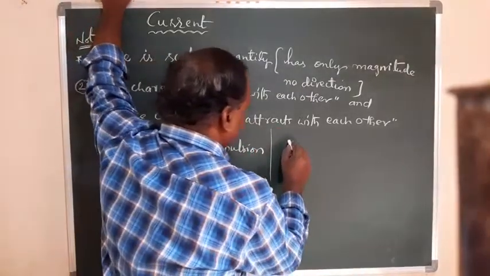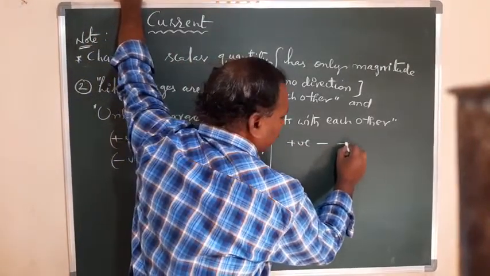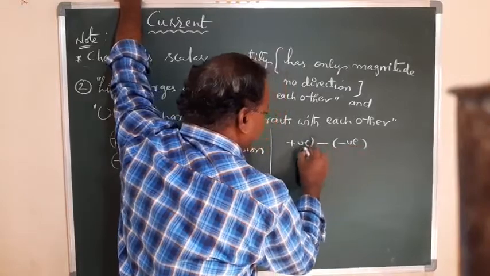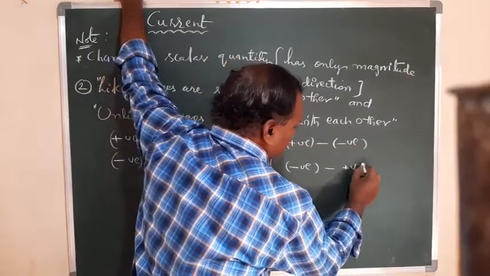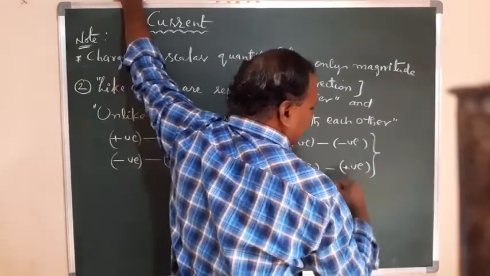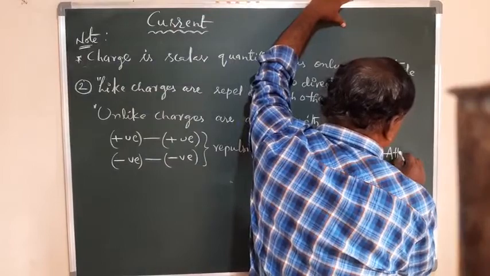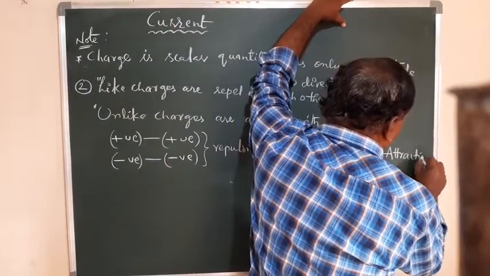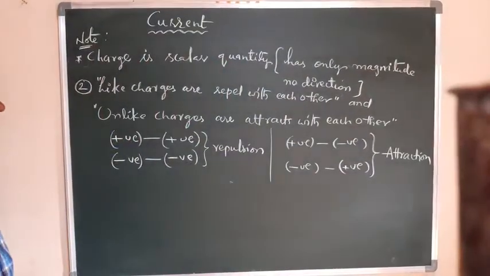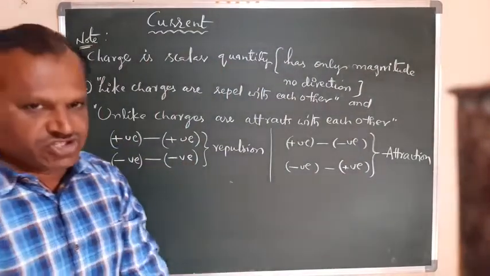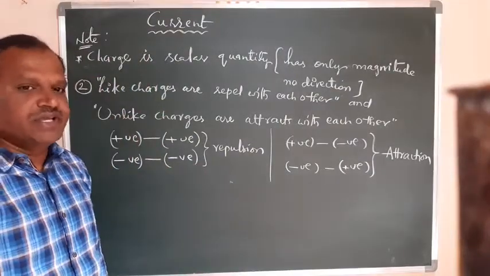Similarly, if you go for these unlike charges, that is a positive and negative, or negative and positive, what will these do? They will do the attraction. That is, unlike charges attract and like charges repel. Okay, this is the other observation you can call the second property.